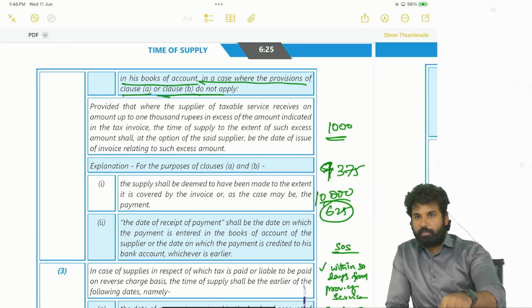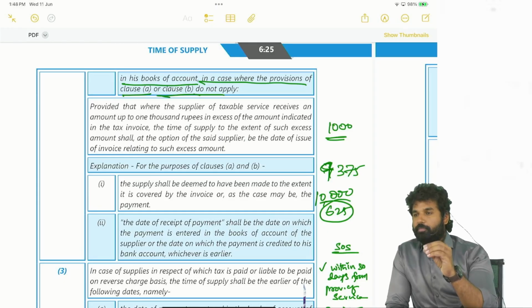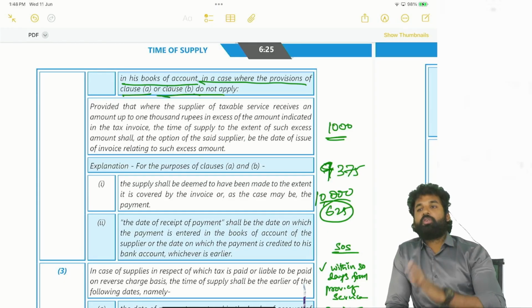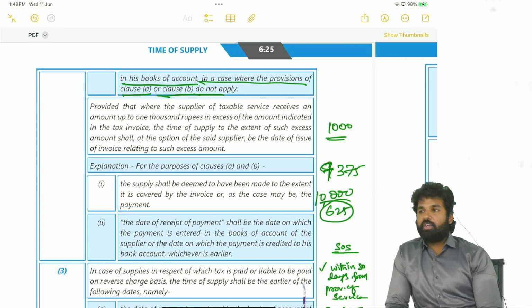You got this point? Excess of 1,000 rupees. But the privilege is only up to an extent of 1,000 rupees. 1,000 rupees means how much will be the amount of GST? A maximum of 180 rupees or 200 rupees or 280 rupees. So that is the extent of time allowance they are giving.